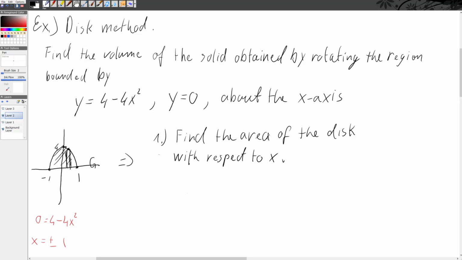The line from the axis of rotation to that point is precisely y equals 4 minus x squared. Otherwise, we can call that r, the radius of our disk. Meaning, the area of the disk at any given x value is going to be given by pi r squared. And r is 4 minus x squared.